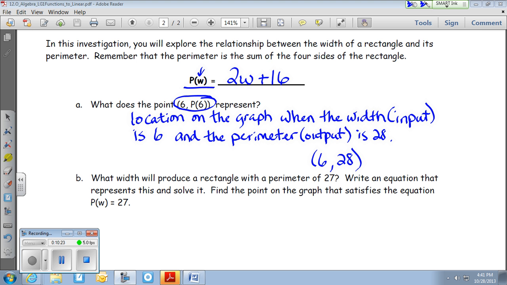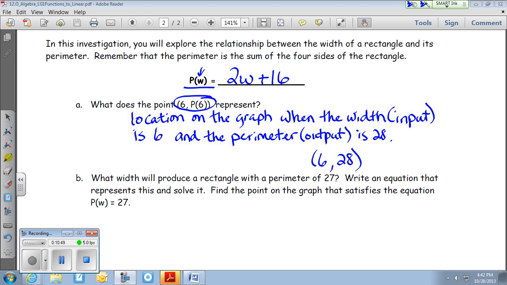So instead of P of W, you're going to put 27. You're going to substitute that in and then figure out what the width has to be. So you're solving for W. And then you're going to give the ordered pair for the point on the graph that satisfies the equation when the perimeter equals 27. So go ahead and pause and complete that equation and then check it in just a moment.